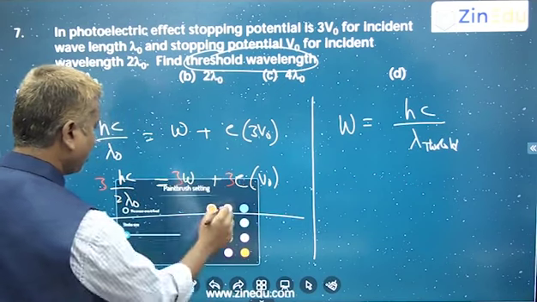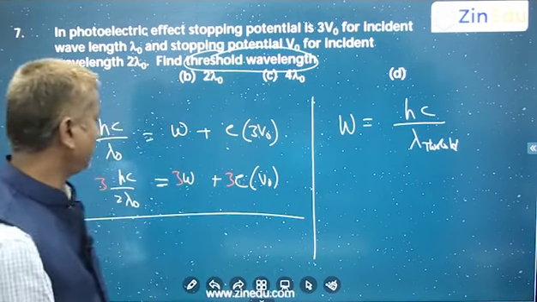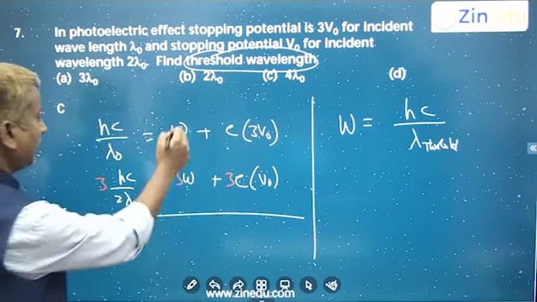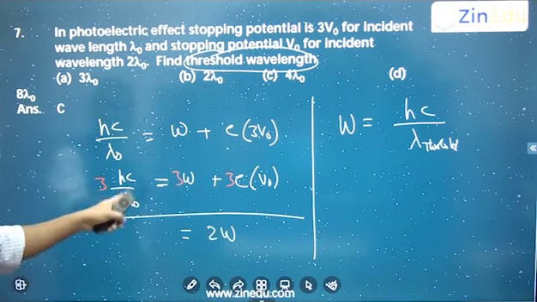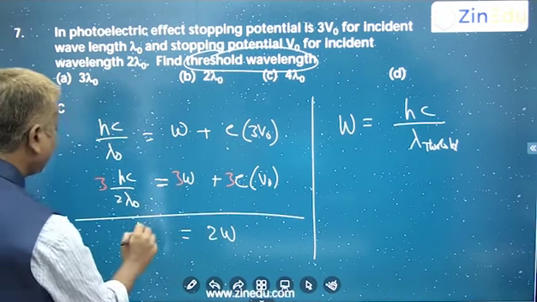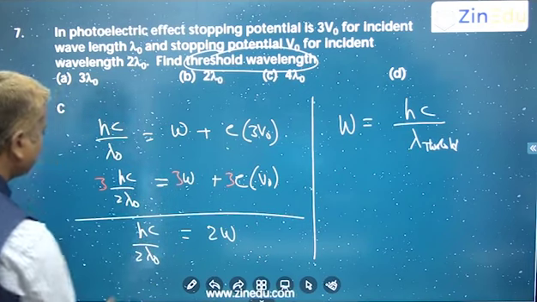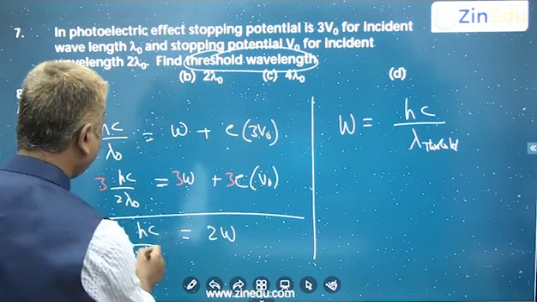So if you do that, what are you getting? 3V0, 3V0 cancels. So this minus this, 3W minus W, 2W, equals 3 hc by 2 lambda naught minus hc by lambda naught, so hc by 2 lambda naught times 3 minus 1... that is 3 by 2 minus 1 by 2 in units of hc by lambda naught. Right? So your work function will be hc by 4 lambda naught.